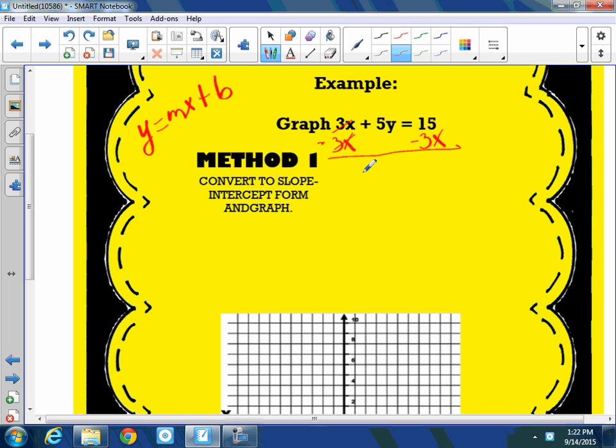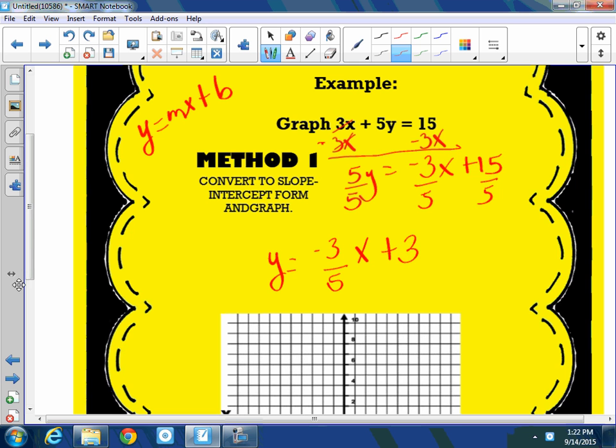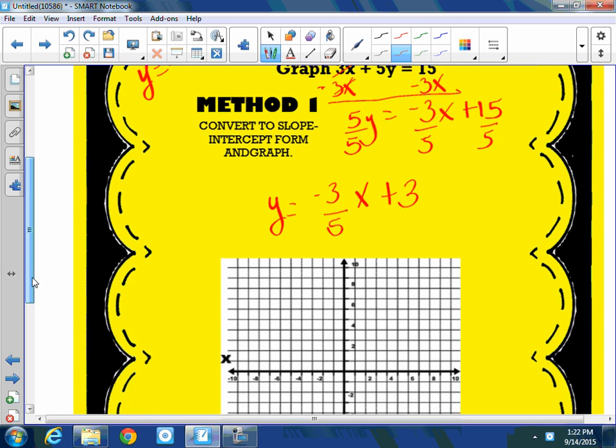That will be 0. So you have 5y equals negative 3x plus 15. Second step would be to divide everything by 5. So y equals negative 3/5 x plus 3.